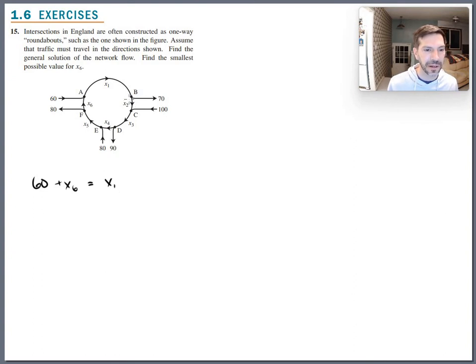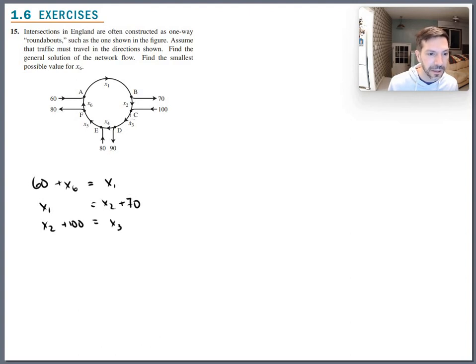In a similar style for intersection B, what's going in is just x1. What's going out is x2 and 70. For C, what's going in is x2 and 100, and what's going out of C is just x3.